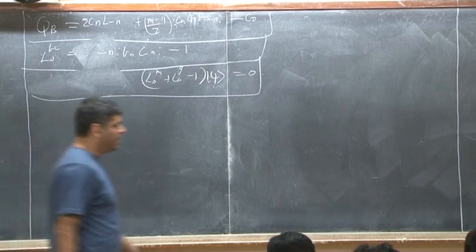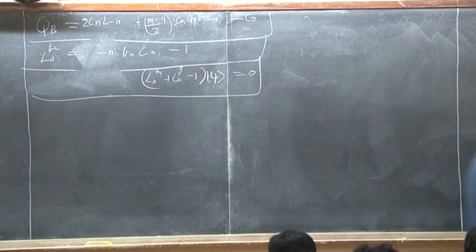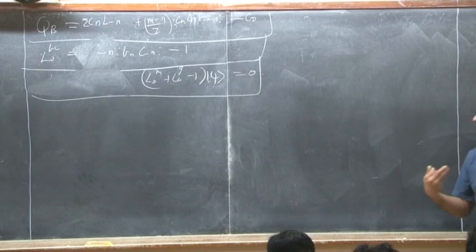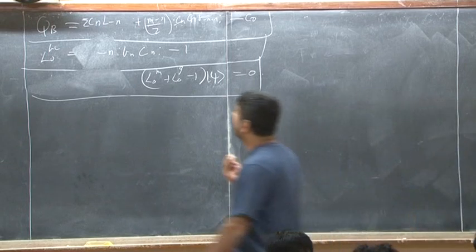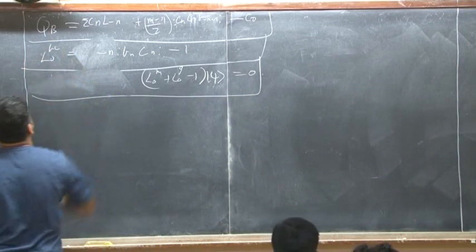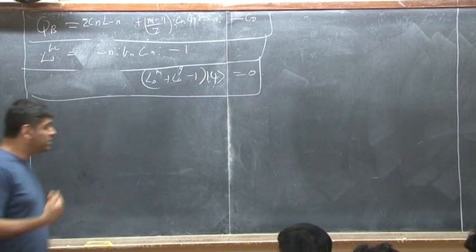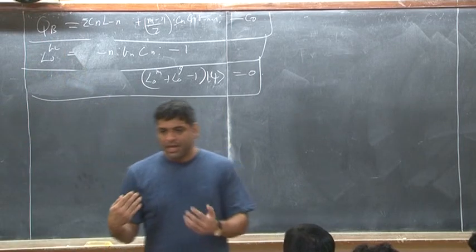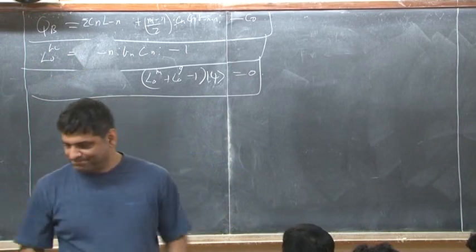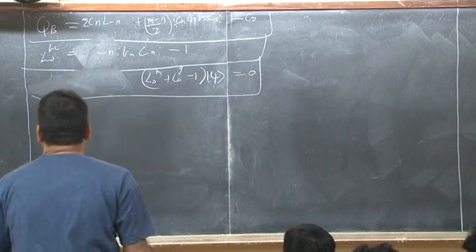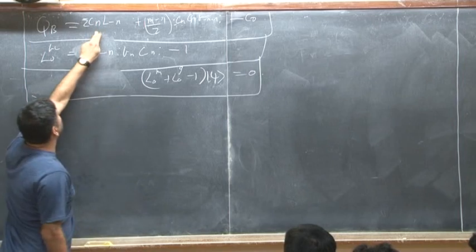Now, we also noted the fact that the BRST charge commuted with L_0. It's got dimension.